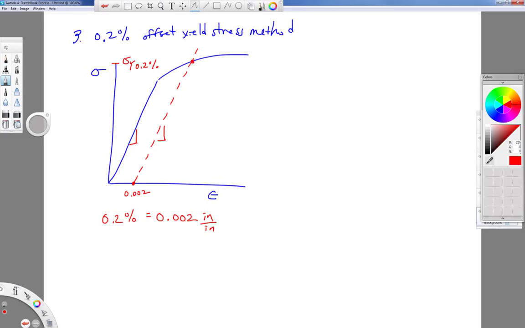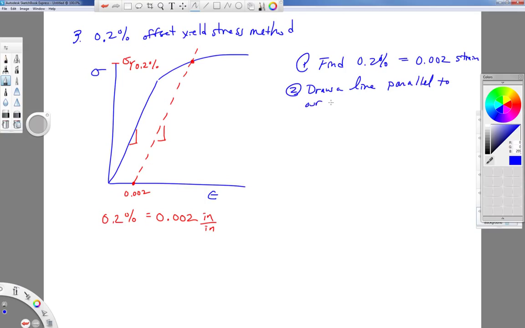All right, so let's write those steps down. We find that 0.2% or 0.002 inches per inch on our x-axis. Second step, draw a line parallel to our initial stress strain curve.